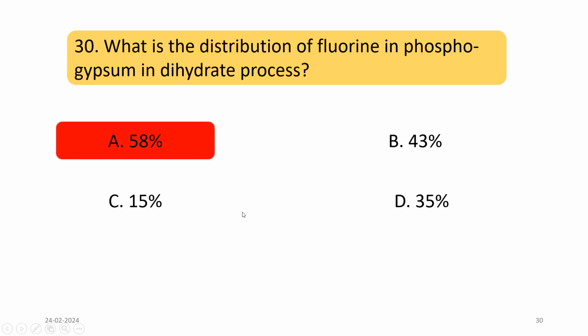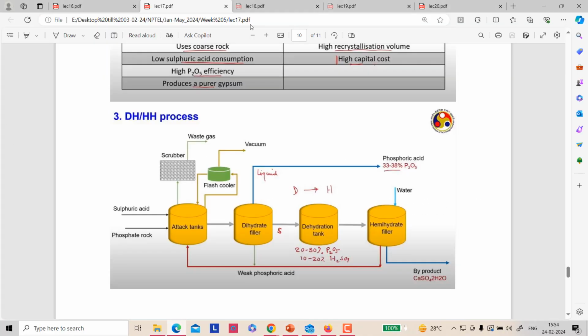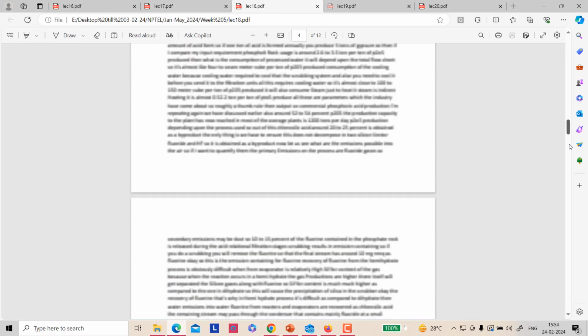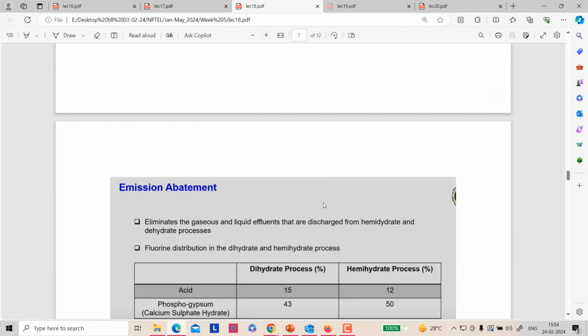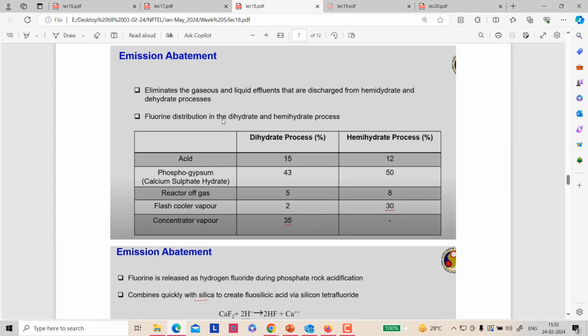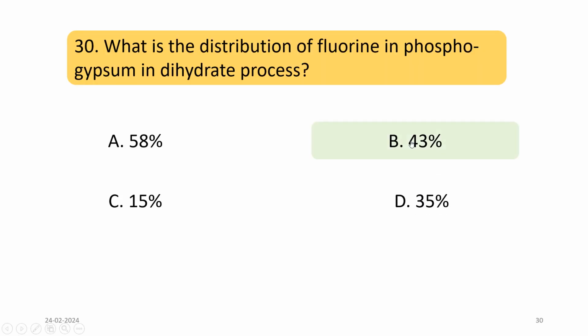No, this is not 58%. This is 43%. So there is a chart of that. If you see the chart, fluorine distribution in dihydrate and hemihydrate process, in the phosphogypsum in the dihydrate process there is 43% of fluorine. So the answer is 43%.